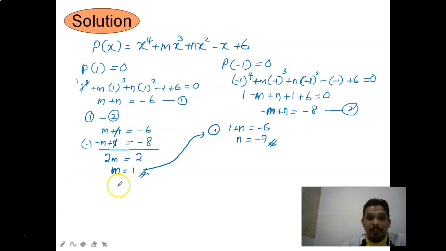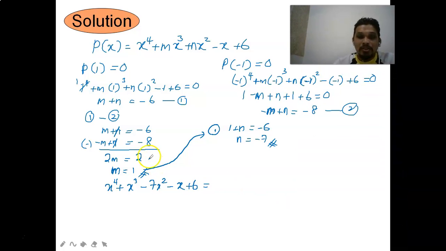Okay, so now let's rewrite all this. x to the power of 4 plus m equal to 1, x cubed, n equal to negative 7, minus 7x squared minus x plus 6 equals, okay, so from this and this, we know that it has factors of x minus 1 and x plus 1.